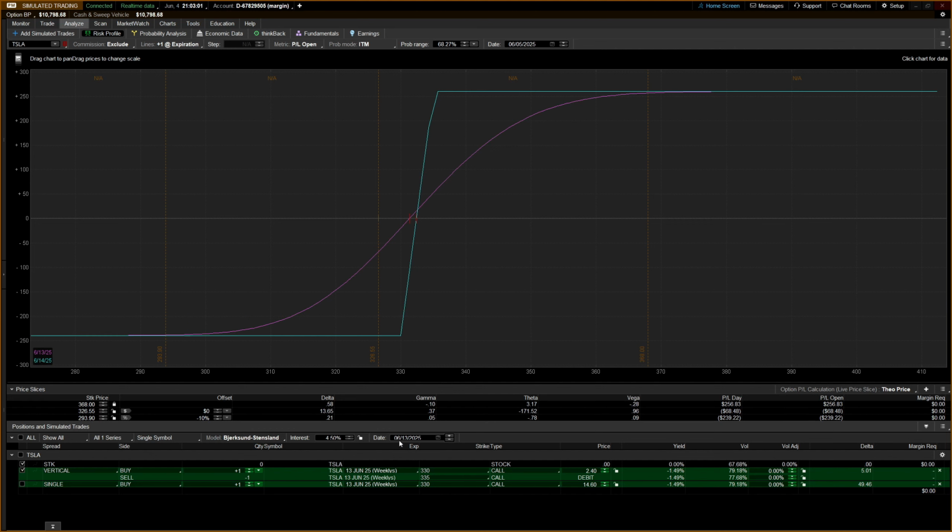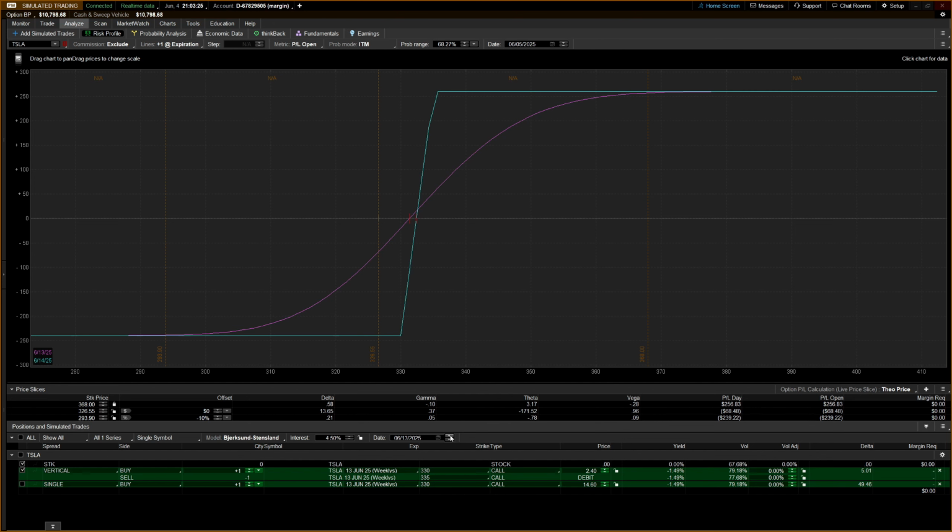You see here, this is the expiration date, 6/13, but it technically does not expire until the after hours session closes on Friday. So you are really exposing yourself from the time that the bell hits at 4 o'clock until what time does it close? Probably 8 p.m., I think, Eastern time.